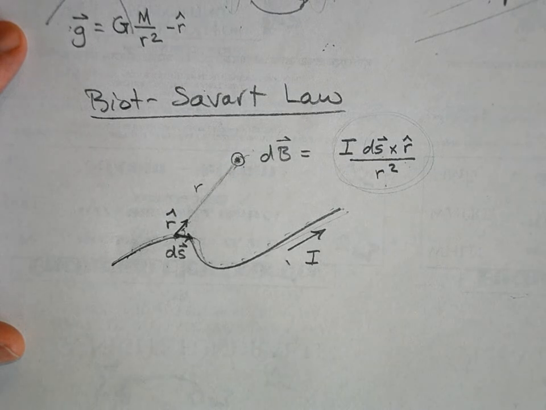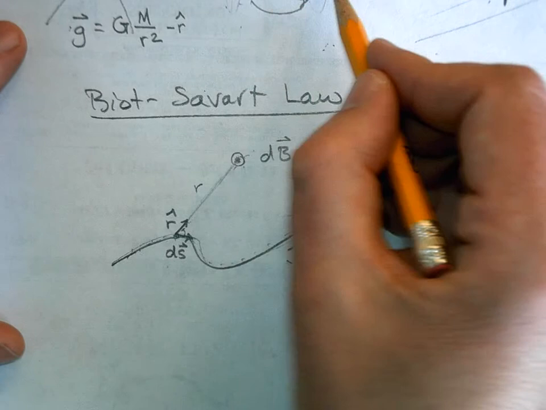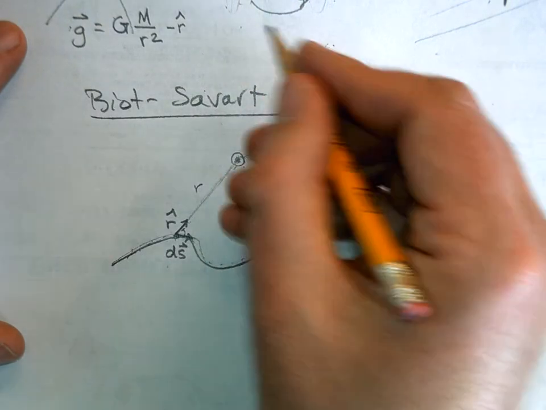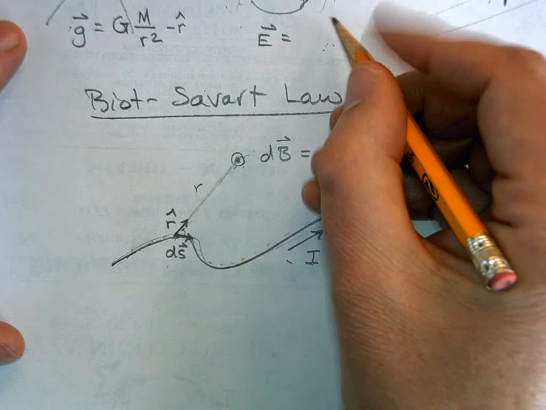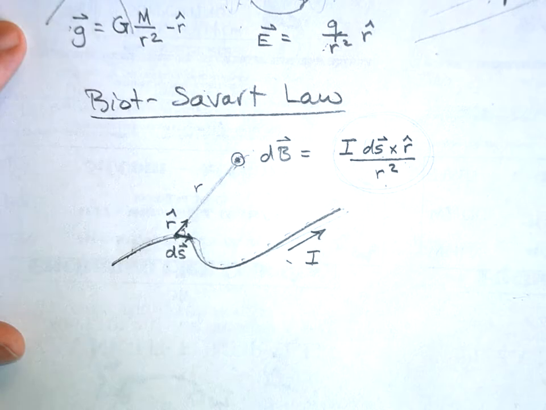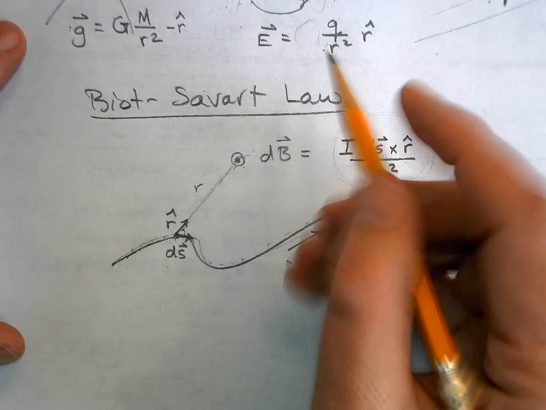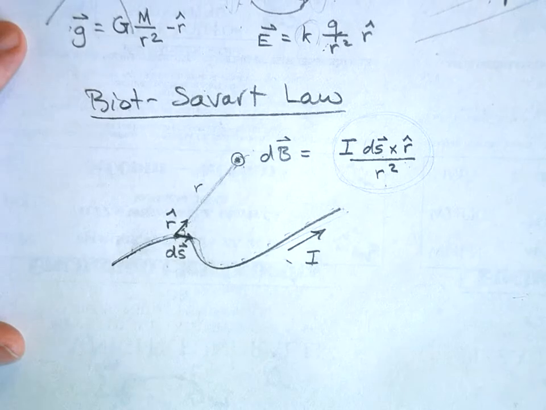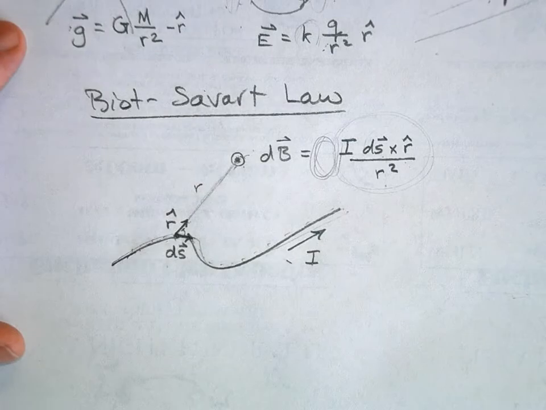And then over here, for a point charge, I should have drawn this as a point charge, shouldn't I? But for a point charge, I said that E was equal to Q over R squared in the R hat direction. But what did I need out here in front? A K. Well, that's exactly what I need out here, a constant of proportionality.